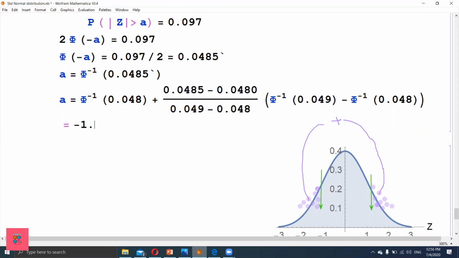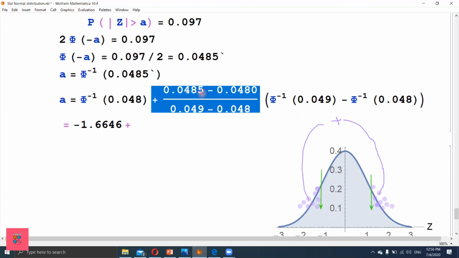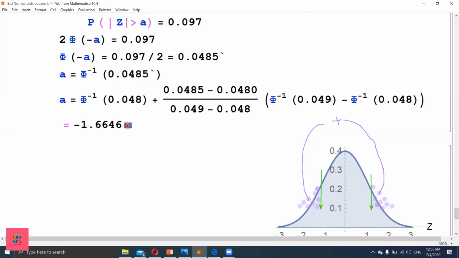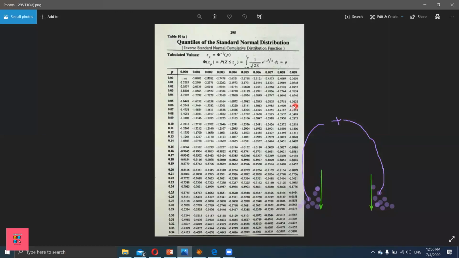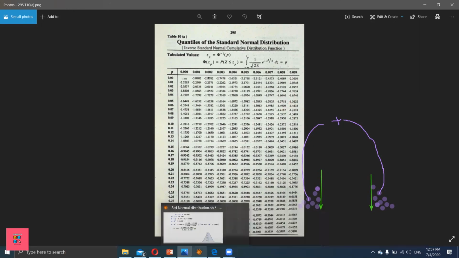Its value is minus 1.6646, plus the next factor, the next fraction as it is used here. Now within parentheses we will use the values from the table 10a, the value of phi inverse 0.049 which is minus 1.6546.